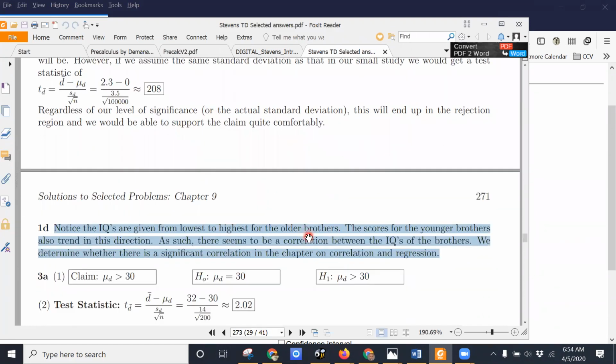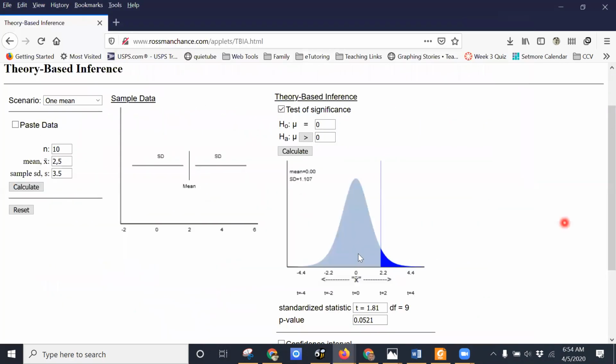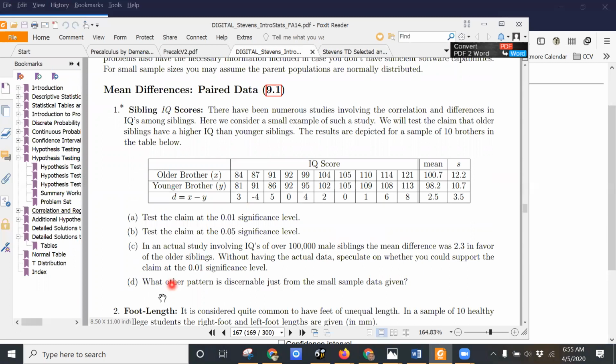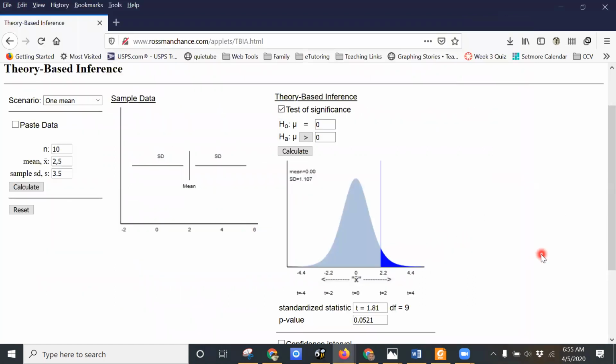And then this part. What was the question? The question was, what other patterns are discernible just from the small sample of data we've been given? I'd like to see a picture of this data, like a dot plot, but I don't want to take the time to do that.